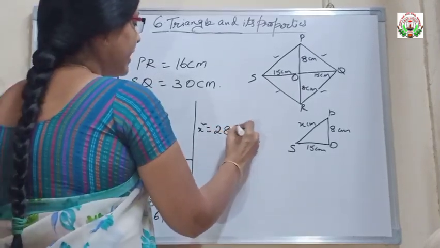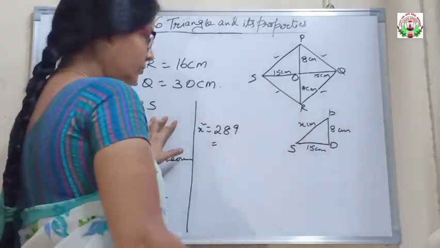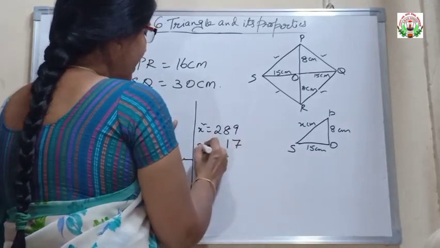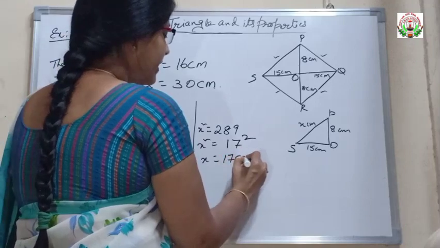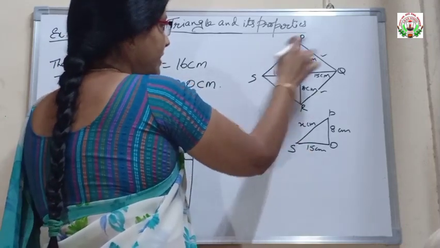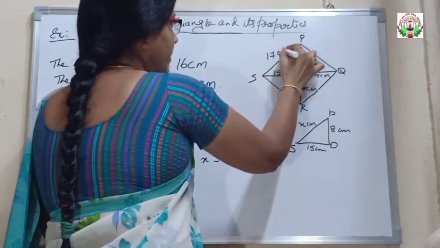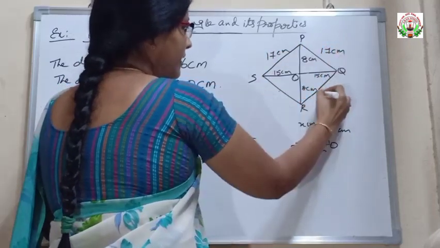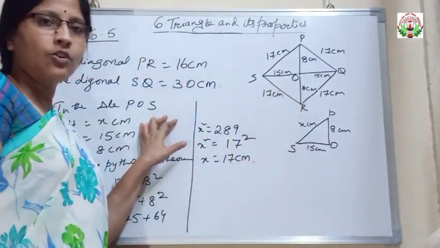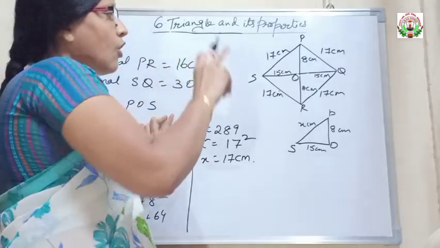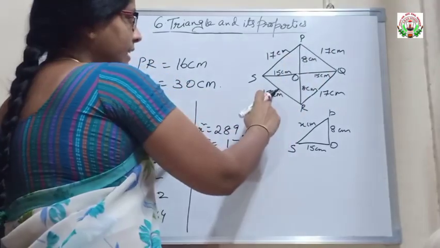The square root of 289 is 17. So x square is 17 square, so x is equal to 17 centimeters. The hypotenuse is every side of the rhombus, here it is 17 centimeters, 17 centimeters, 17 centimeters, 17 centimeters, because a rhombus has all four sides equal. So we have found the side of the rhombus, that is 17 centimeters.